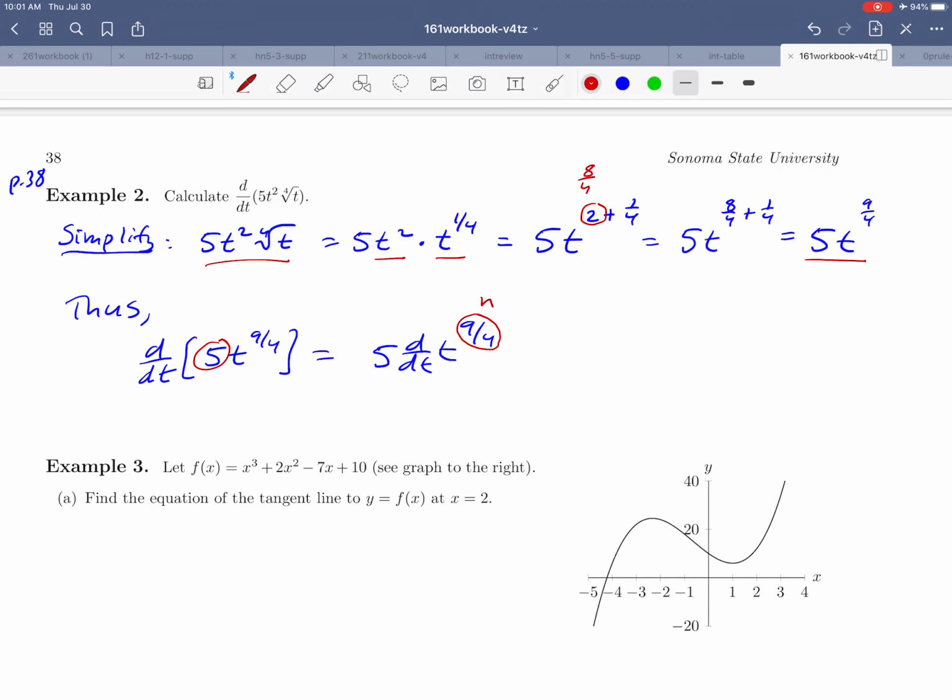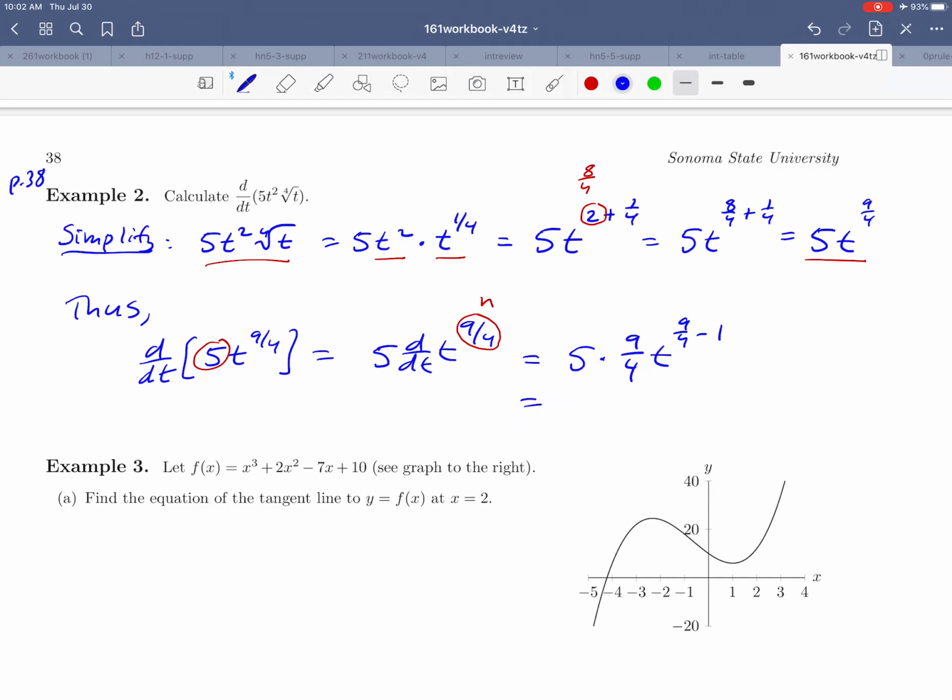Think of that 9/4 as being your n. When you take that derivative, you're going to get 5 times. And remember how the power rule works again. We're going to start by taking the power, that 9/4, and bring it down. And then we need to subtract 1 from that power. So 9/4 t to the 9/4 minus 1.